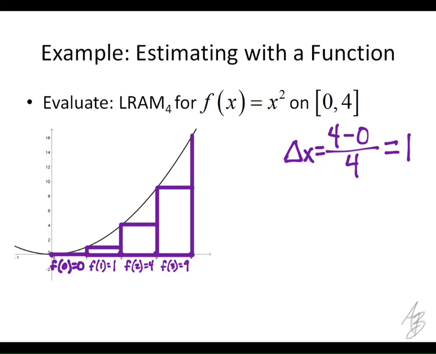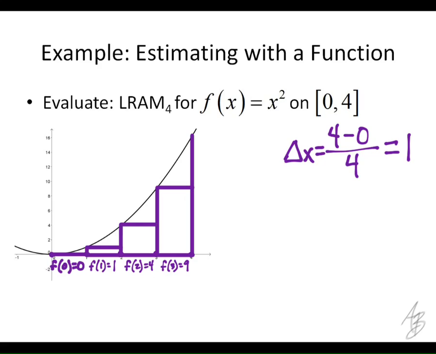How wide is each rectangle? 1 unit. Now, here's a shortcut that's going to save you time when you're doing more complicated problems. If I want to find the area of each one of these, I'm going to take 0 times 1, 1 times 1, 4 times 1, and 9 times 1. Now, if it's 1, it's kind of pointless.